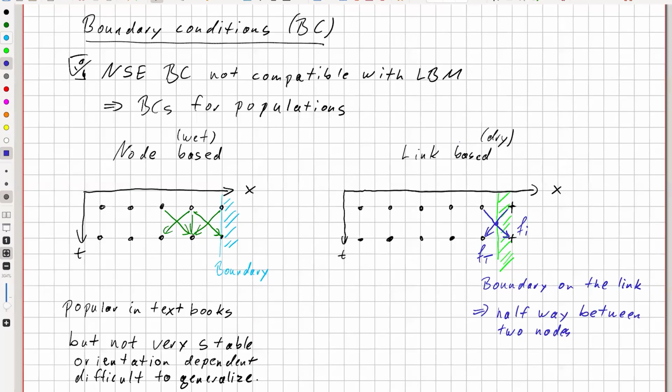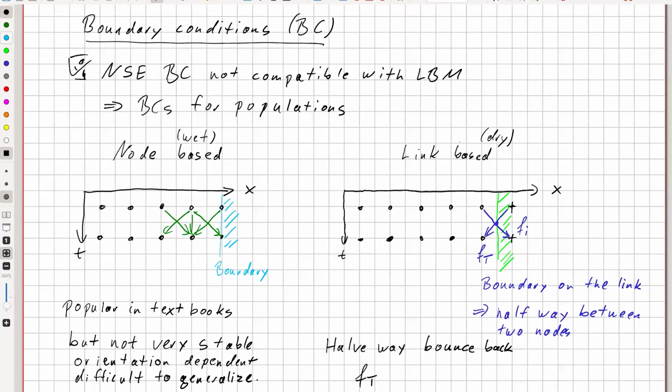The very simplest boundary condition that you can imagine is if you just return the population that went out. This leads to the simple boundary condition that we call the halfway bounce back boundary condition.